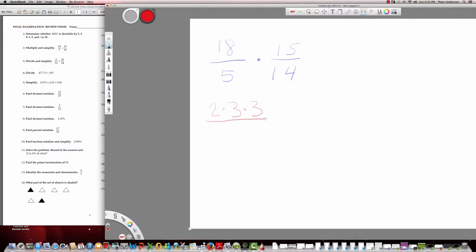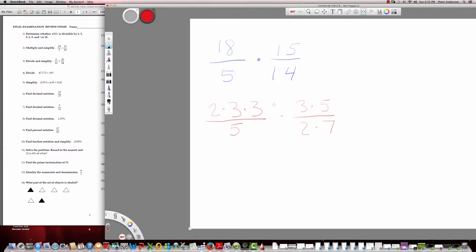Okay? All over 5 is prime, so I just write 5. As a little review, prime numbers are just numbers that are only divisible by themselves and 1. So the first prime number would be 2, then 3, then 5, then 7, etc. Okay? Do the same thing with 15. 15 factors into 3 times 5, and 14 factors into 2 times 7.